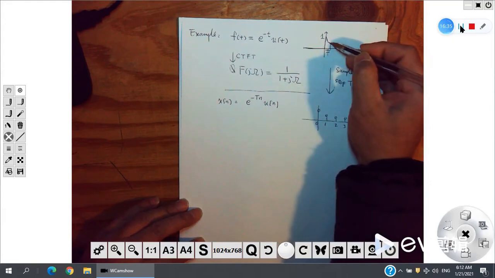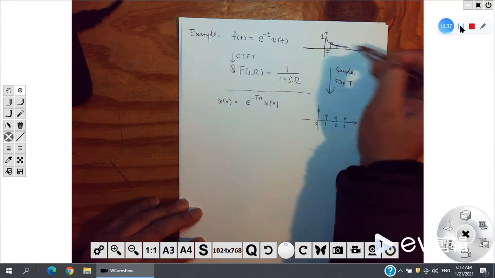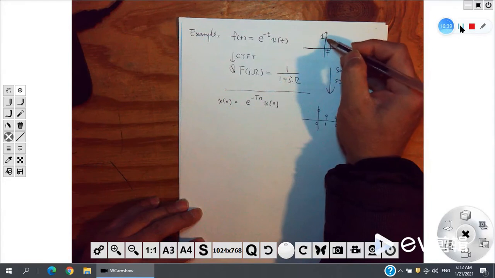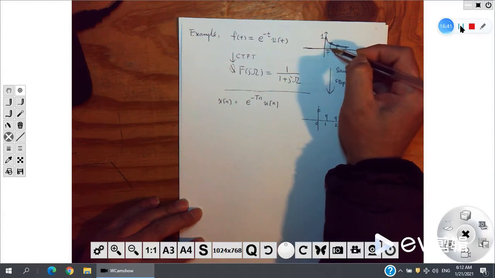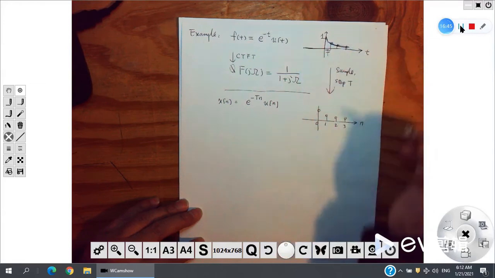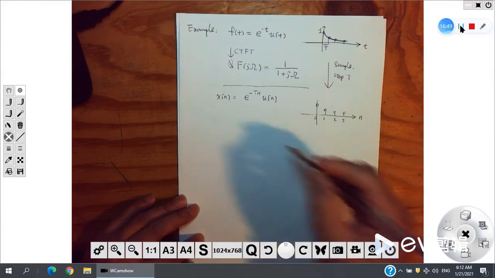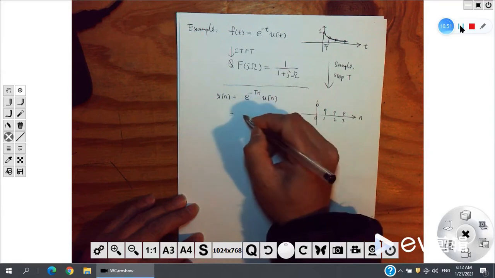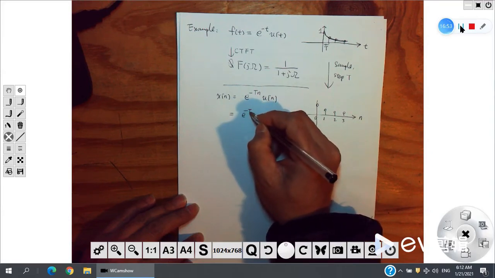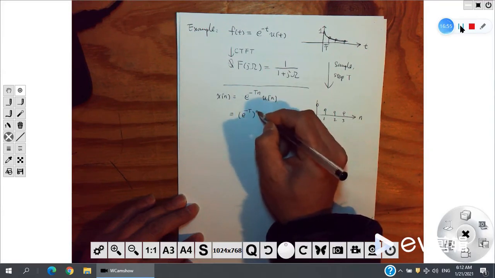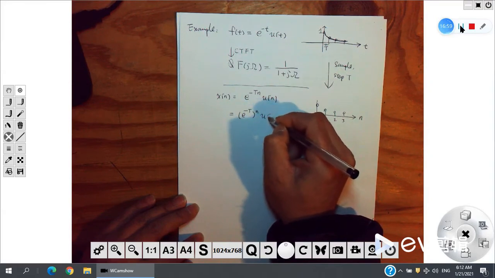You take samples from the continuous time signal, every T as a step, as an interval. Then you take the next value, right? Every T you take one value. Then you have this one. This is a discrete time signal. And we can write this as e to the negative T, power of n, times u of n.